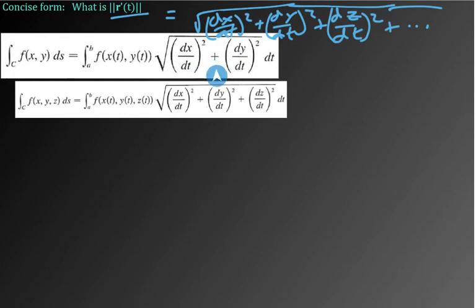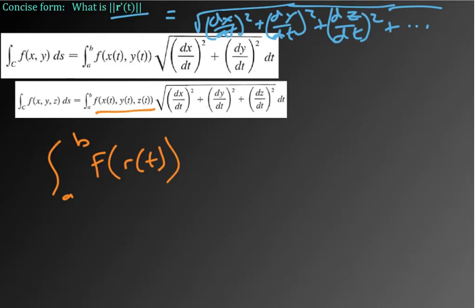But that means that this part at the end right here, we don't have to write these line integrals with the weird square root thing. What a lot of times you'll see in textbooks is line integrals written this way. You'll see a to b, and then you'll have f of a parameterization, so f of r of t. That's just how they write it. But you have to realize that could be a three-dimensional thing or something like that.